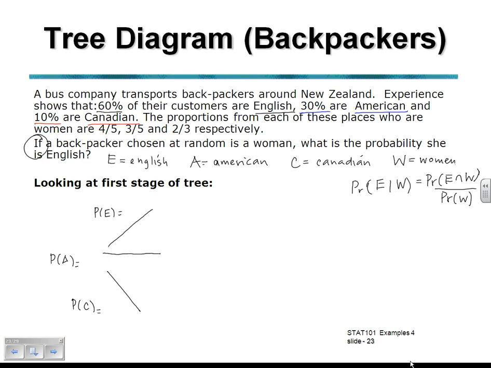These figures from the question are probability English of 0.6, probability American of 0.3, and probability Canadian of 0.1, which completes the first stage of our tree.